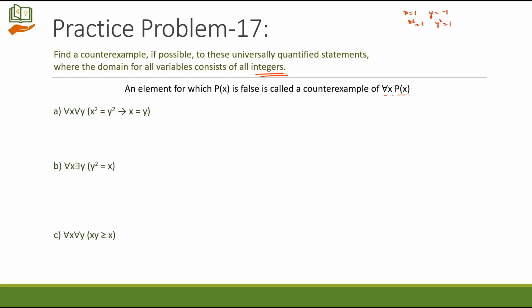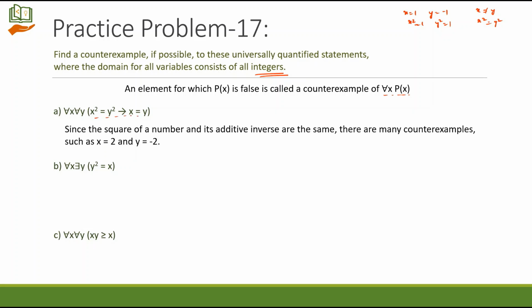So when you have x square is equal to y square, still x cannot be equal to y. So this particular expression cannot turn true. Since the square of a number and its additive inverse are the same, there are many counterexamples such as x is equal to 2 and y is equal to minus 2. So here I explained with 1, but here they have explained with 2.